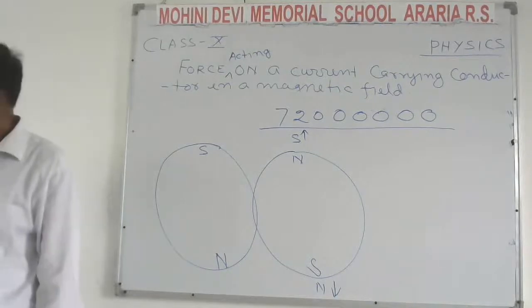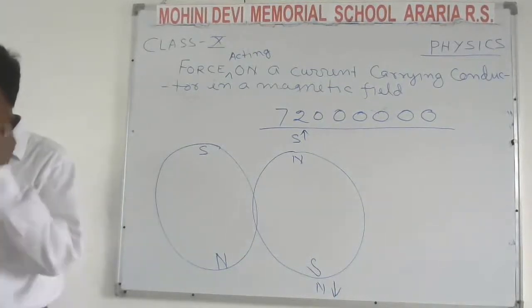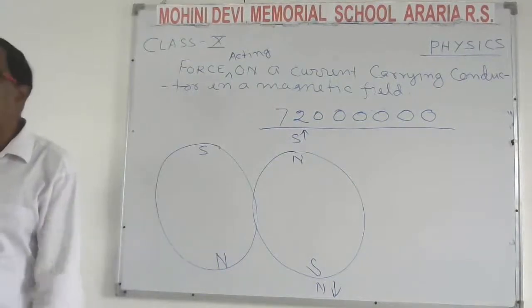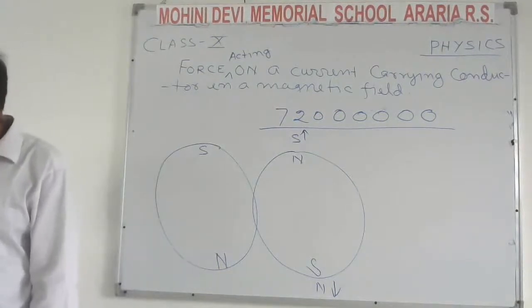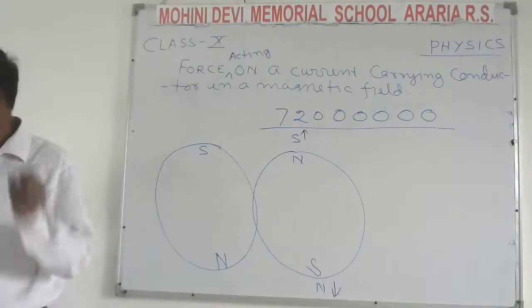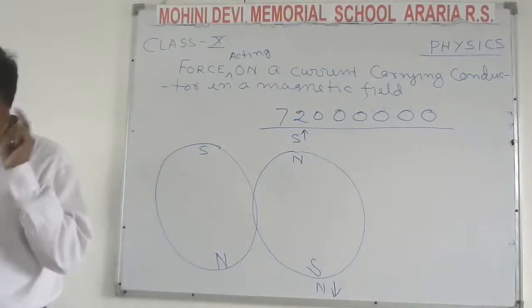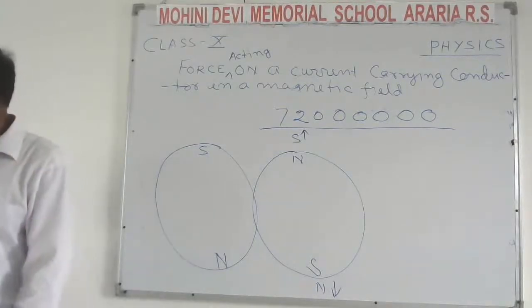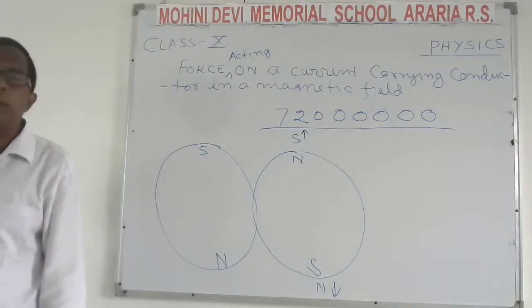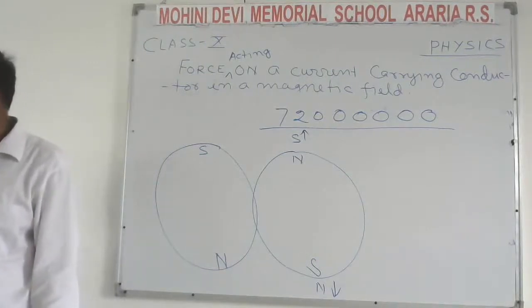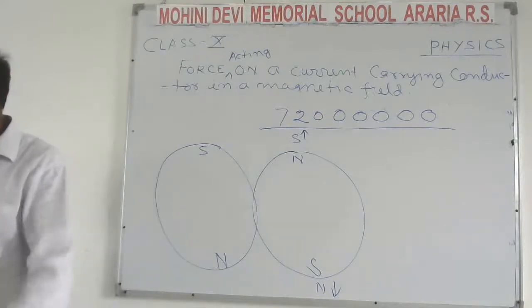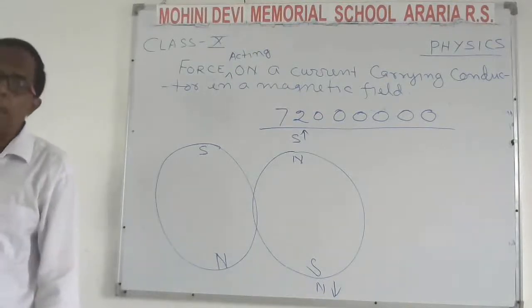A region of Earth's magnetic field which traps the charged particles coming from the sun. These belts were discovered by Explorer 1 in 1958, and this belt is called Van Allen radiation belt.